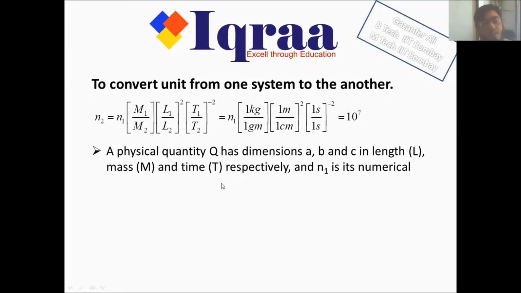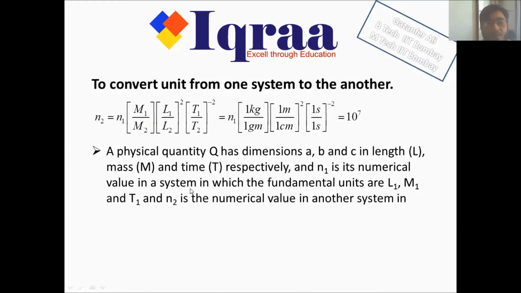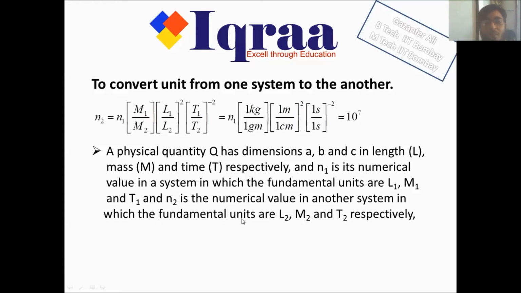But if current is there or temperature is there, we can also take the dimensions of those physical quantities respectively. And N1 is its numerical value in system 1, in which the fundamental units are M1, L1 and T1, and N2 is its numerical value in another system in which the fundamental units are M2, L2 and T2 respectively.